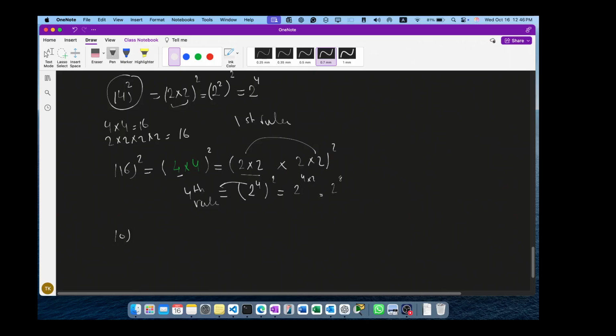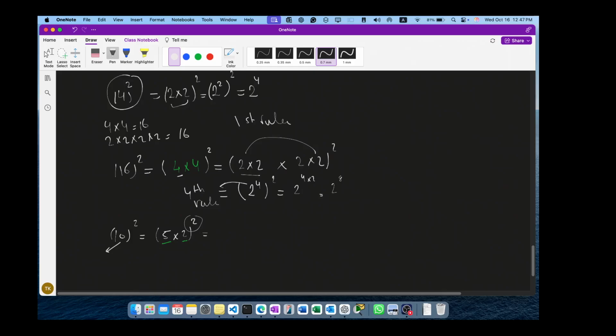Now, 10 power 2. What is it? 5 times 2. You can find the prime factors of each number to make the operation easy, guys. Look, what is the power here? And look at those bases. Guys, I have two different numbers with the same power, right?